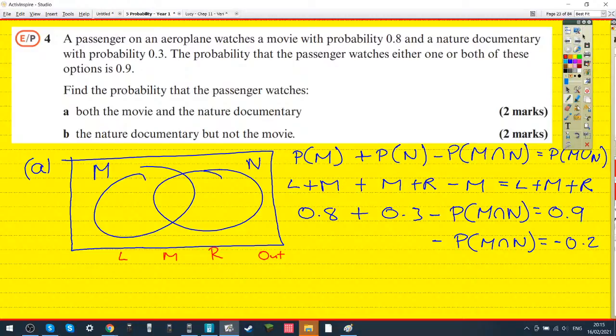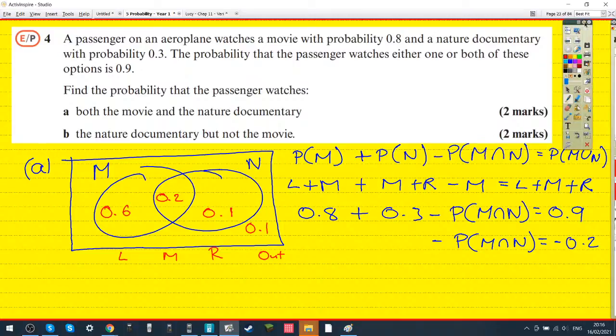And so the middle is 0.2. What's next? And then we can do the movies, which is 0.8 minus 0.2. Which gives you 0.6 on the left. Well done. And the right would be 0.1. Is that everything? No, there's also the outside. What's that? Which is 0.1. Well done. Okay.